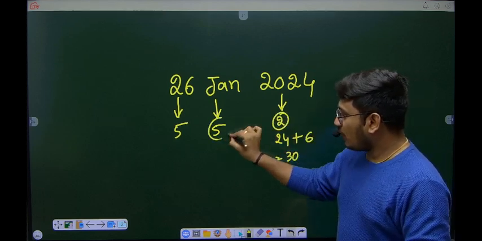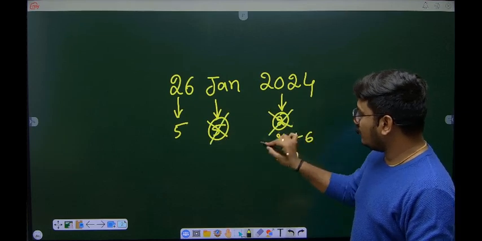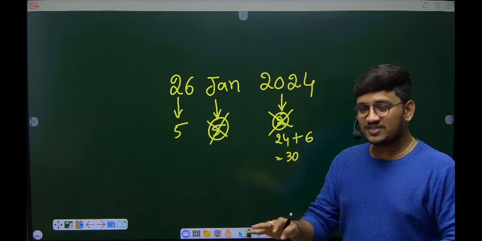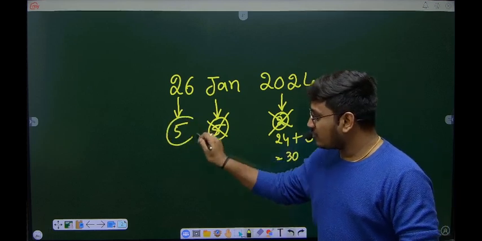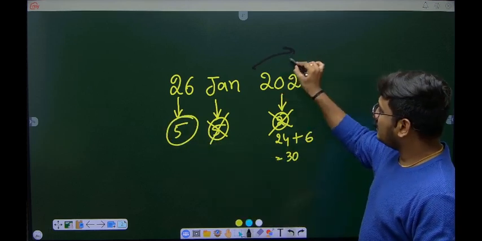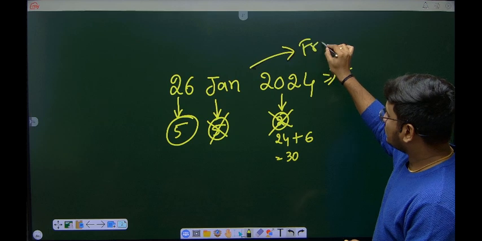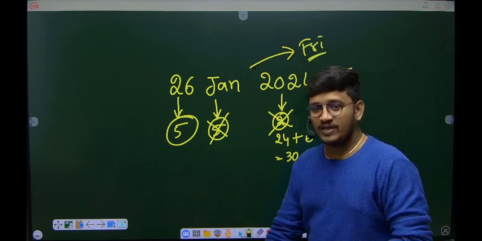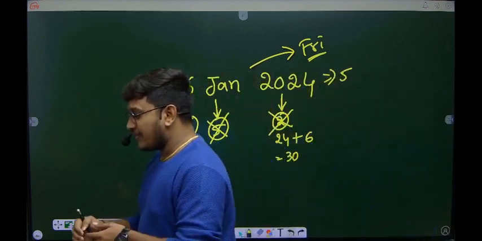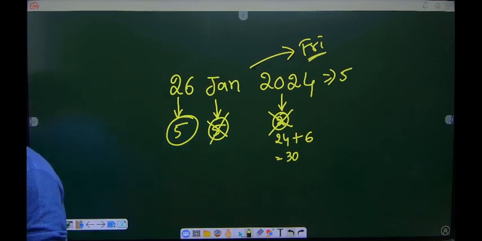So 5 and 2 give you 7. 7 means 0. The only value left out is 5, so it is on Friday. Very good, everybody calculated. Almost the maximum of people posted Friday.